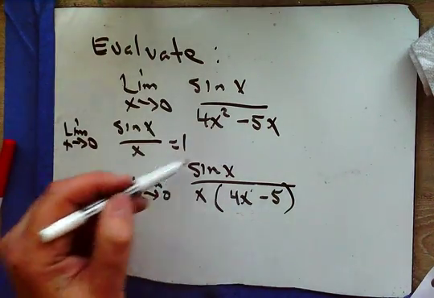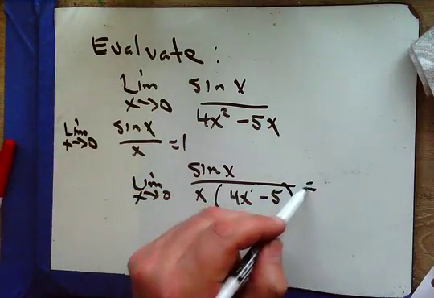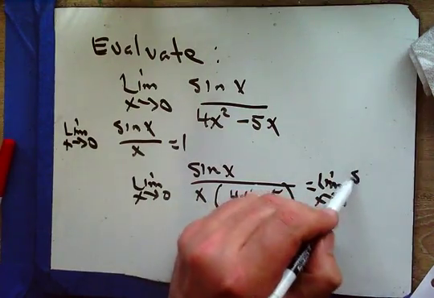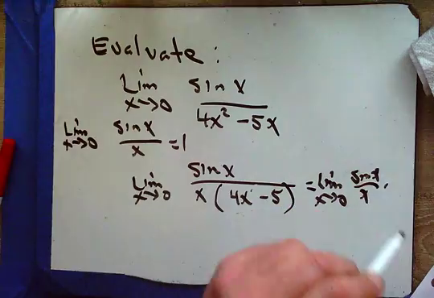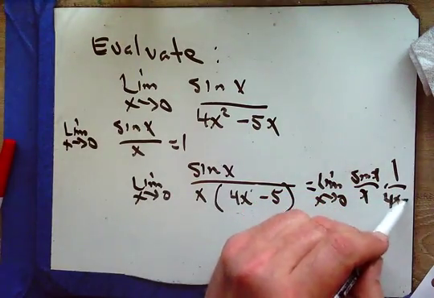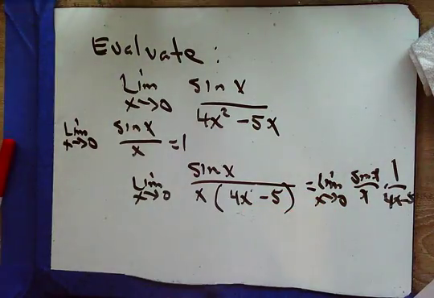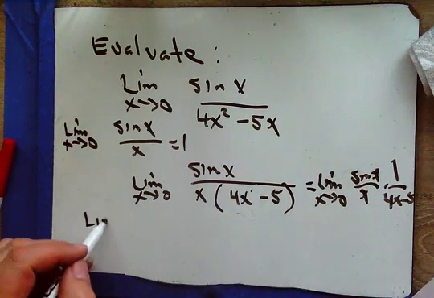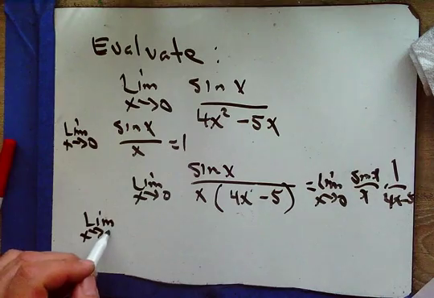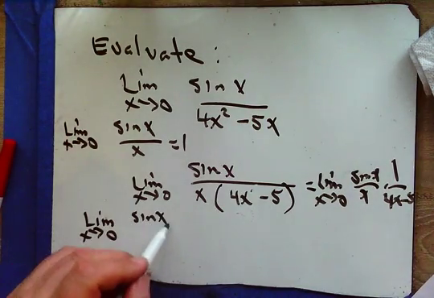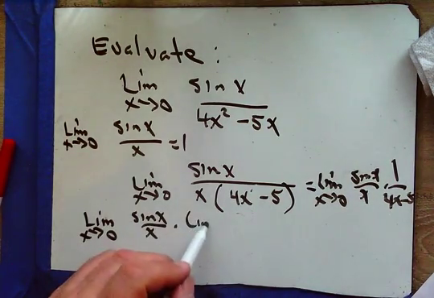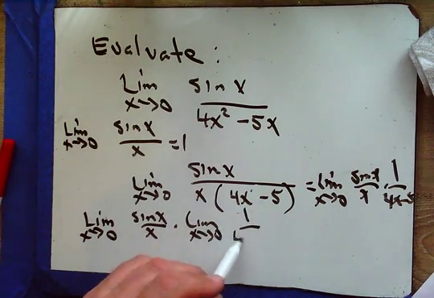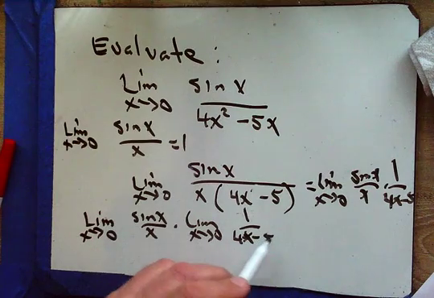So I'm going to do the limit as x heads to 0 of sine x over x times 1 over 4x minus 5. Right? I'm splitting this up into two fractions. In fact, I could even split it into two limits, one being the limit of sine x over x times the limit as x heads to 0 of 1 over 4x minus 5.